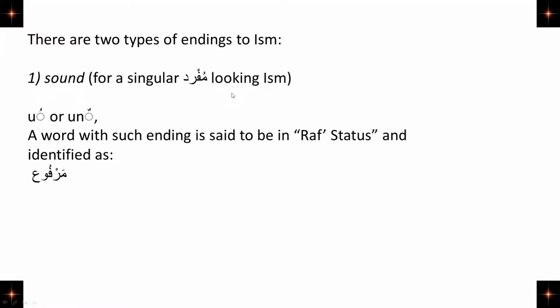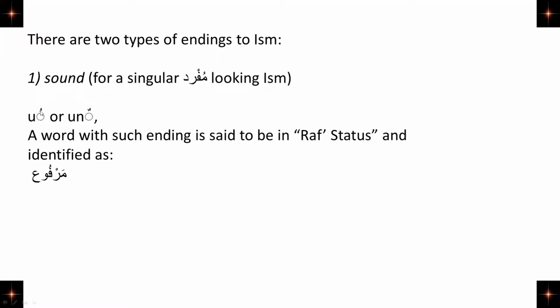Please note it down and I'll explain it later. But any singular ism would either have u or un, depending. I said this is light and this is heavy. Okay, there are reasons why a word can be heavy or light, but they are both signs of a rafa ism, which is singular. Okay, a word with such ending is said to be in rafa status, and it is identified as marfu'un.